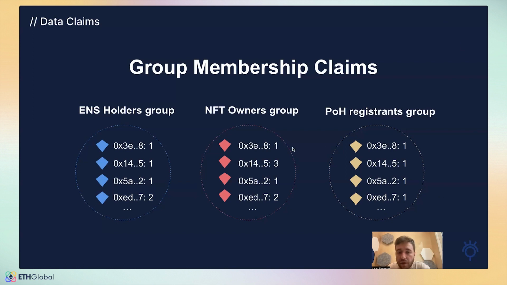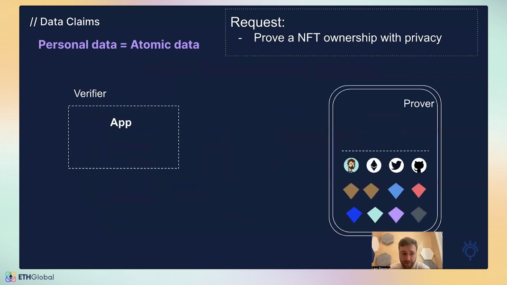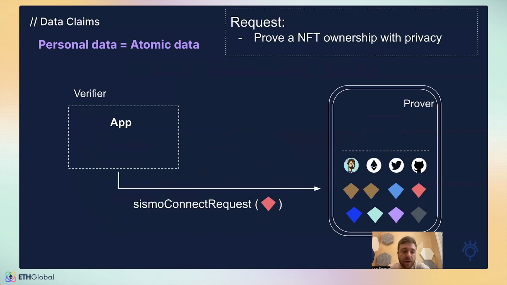You also have the value, so you can see the account identifier, the Ethereum address here, and the value, and inside your data claims, you can request a value lower than or exactly equal to the value you have inside the group. So let's request, for instance, proving NFT ownership with privacy. You do a Sismo Connect request to ask for some particular data claims.